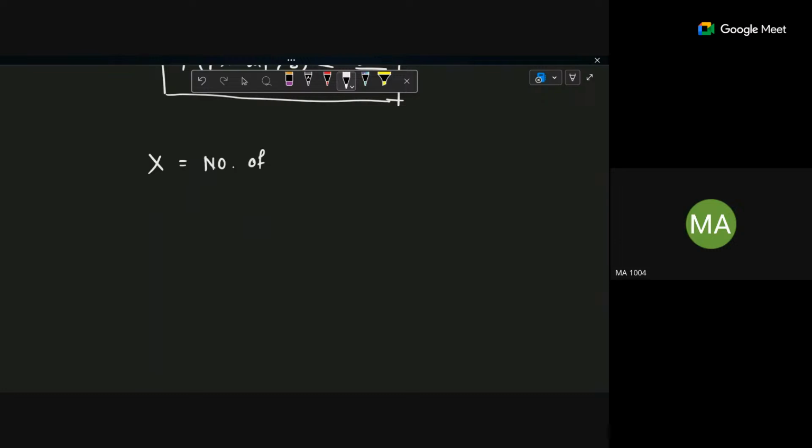Number of times 6 is obtained. So if you are rolling a die 1000 times, can you say what x is denoting? X is the number of times 6 is obtained when you roll a fair die 1000 times, right?